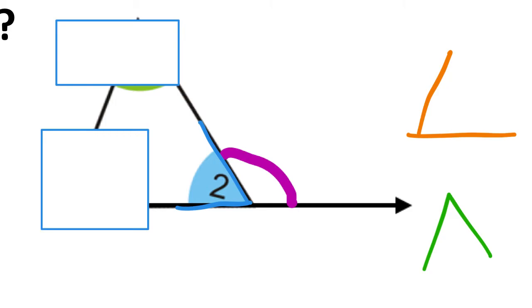So they are adjacent, that's true. In addition to that, they're also supplementary. Yeah, they create a straight line, okay? So what does that tell us about the purple angle and then these other two angles that we have over here, angles 1 and 3?